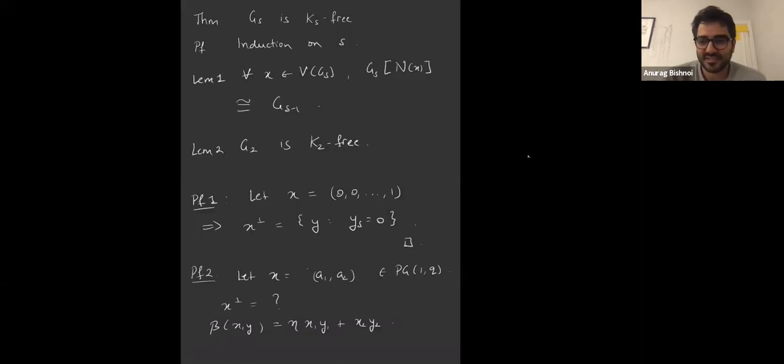The good thing is we just want one solution. Can you just guess some solution? Exactly. So y equals (a2, minus eta a1). This is the unique point orthogonal to x.